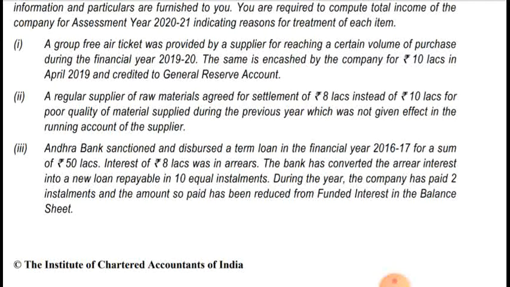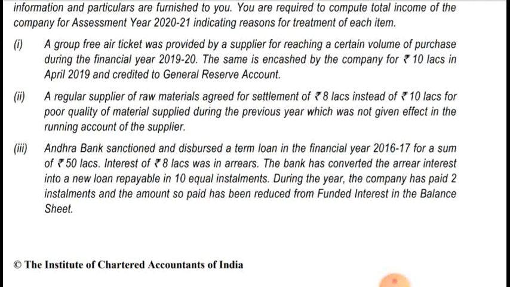As we have seen in the previous illustrations also, whenever any loan interest is converted into loan, when the actual interest is payable, that only is allowed as per section 43B, only on actual payment basis of interest. It is allowed deduction. When the interest is converted into loan, then it will not be considered as payment of interest.